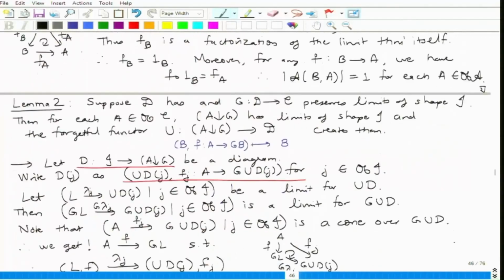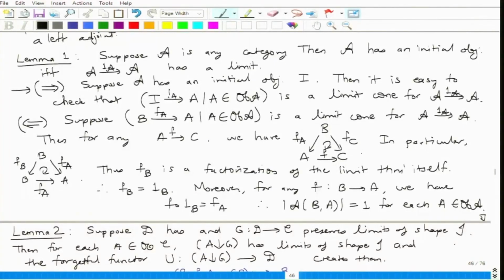If the arrow category A arrow G has an initial object for each A, right? So when will that arrow category have an initial object? I mean, suppose this curly A in lemma 1 is the arrow category, when will it have an initial object?